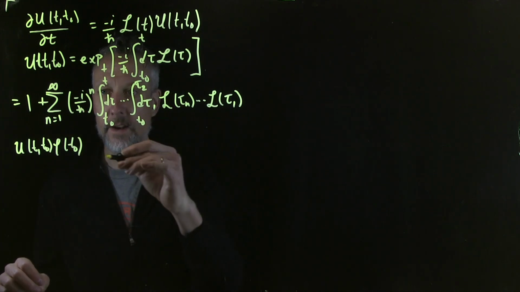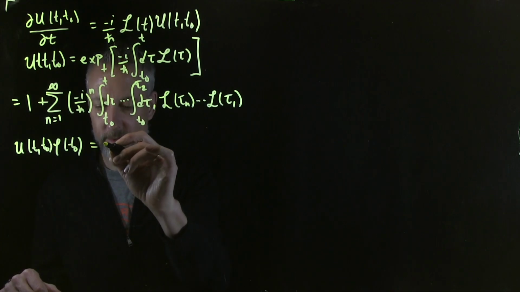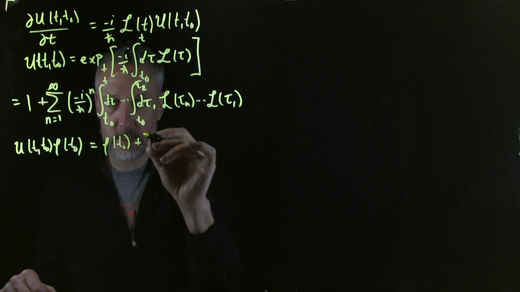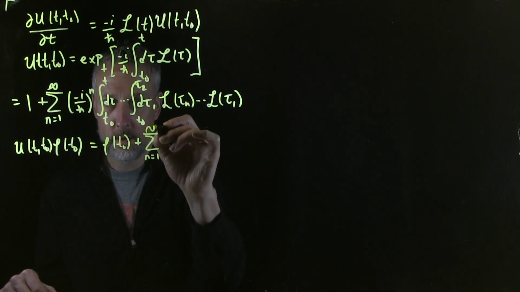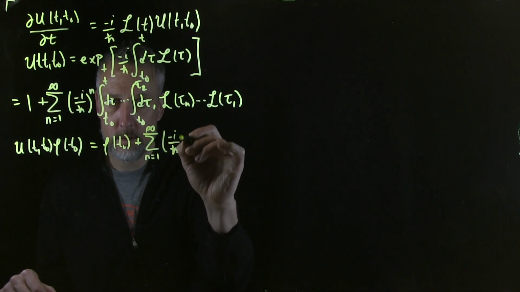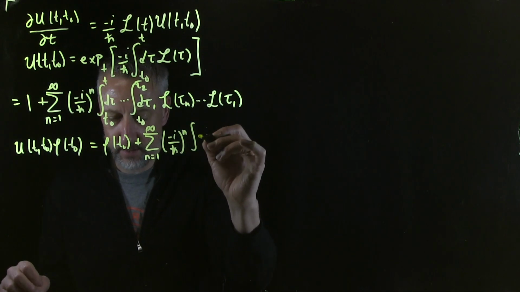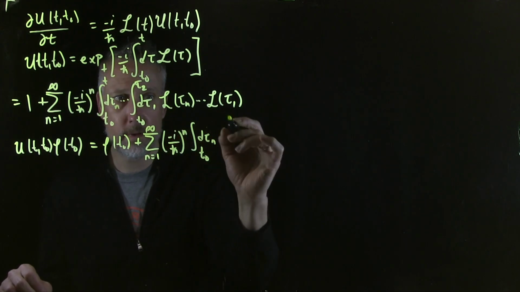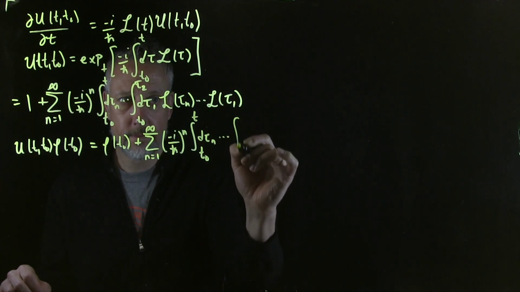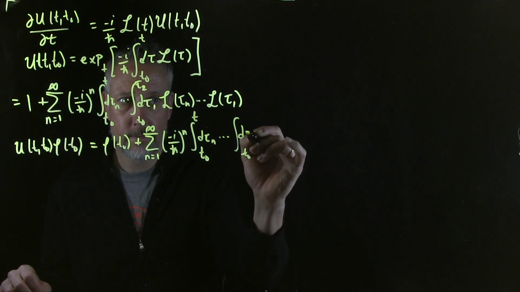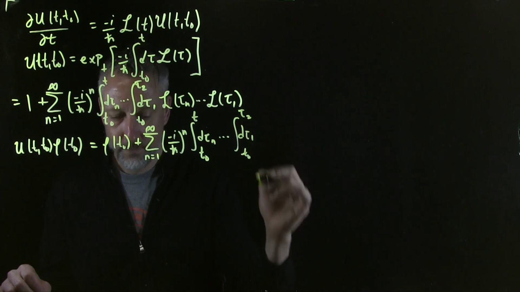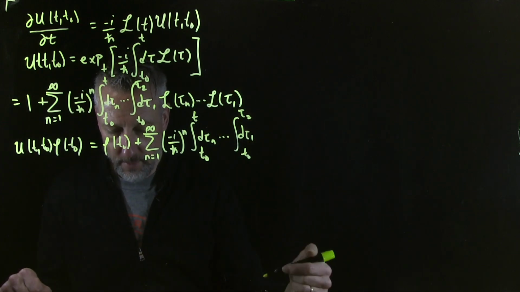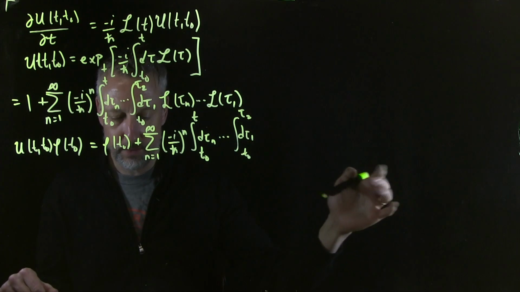If we put this inside, we're going to have rho of t naught plus this sum times the integrals. This is an n here, of course. And then remember we're going to have L, all the different L's operating on it down to rho.